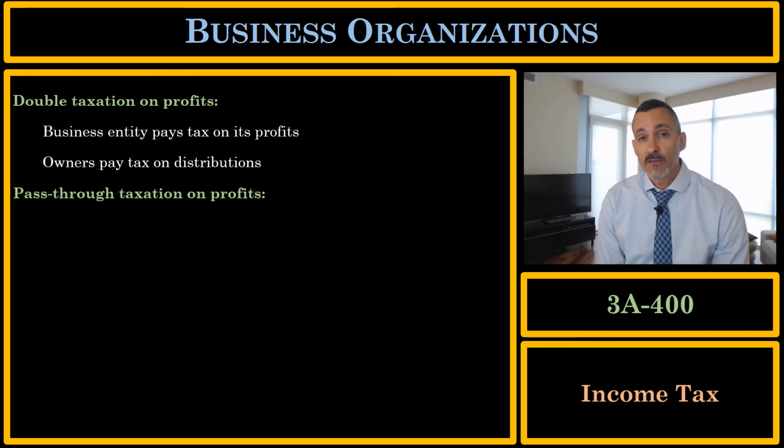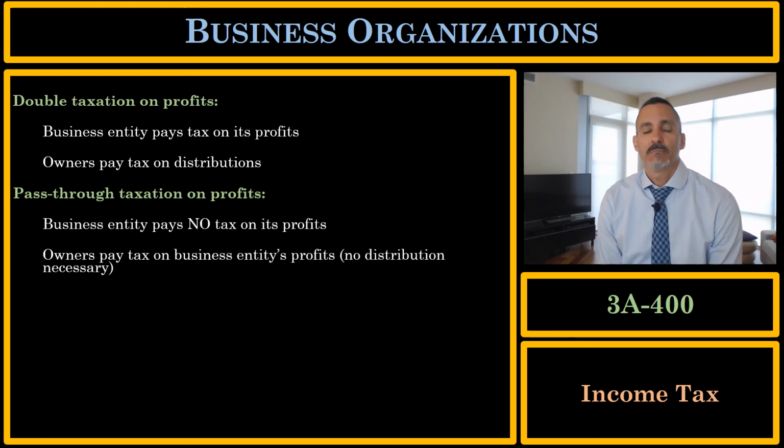Now, there's another paradigm. It's called pass-through taxation. And in pass-through taxation, we don't have that first level of taxation. In pass-through taxation, the business entity pays no tax on its profits. Okay?